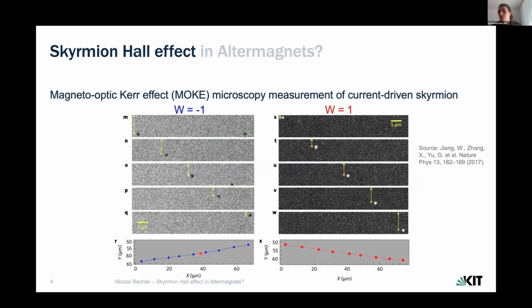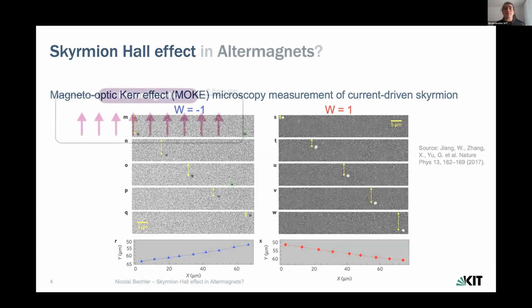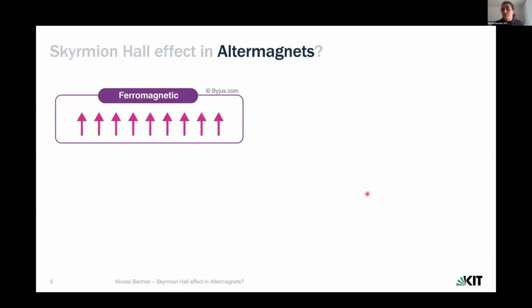So it has this transverse component in the positive y direction. And when we flip the topological charge of the skyrmion, or the winding number, we invert this Hall effect into the negative y direction. So this is also kind of a proof that our current couples directly to the winding number. So let me go to the next topic.